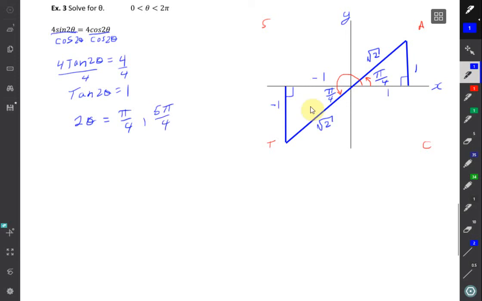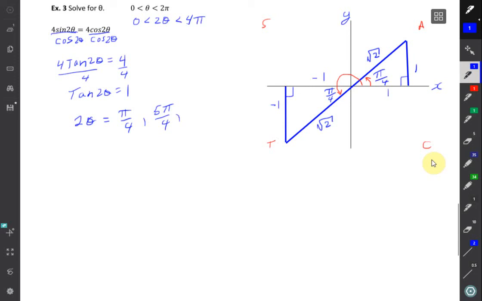I didn't. I need to check this for 2 theta. So if I multiply everything by 2, it actually gives me a range for 2 theta of 0 to 4 pi. So I would need an extra rotation. So once again, I need to add 360 degrees, but in this case it's radians, so that's 2 pi. So I'm going to add 2 pi to each of these.